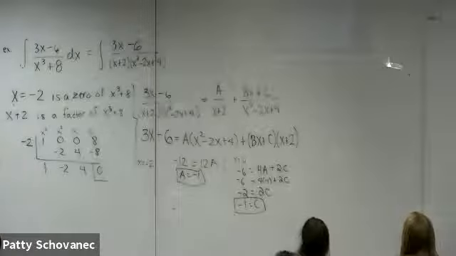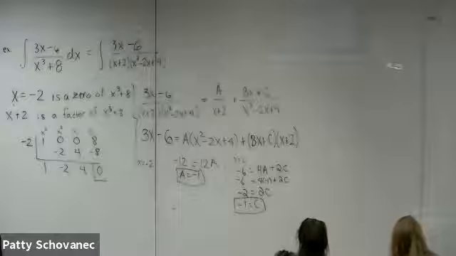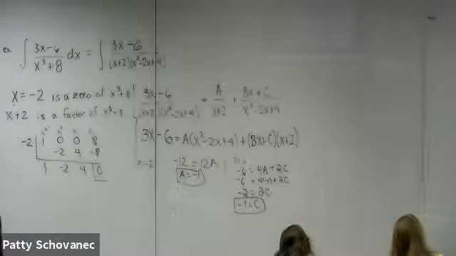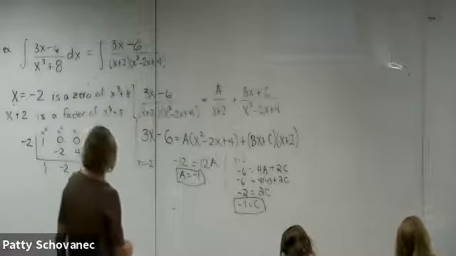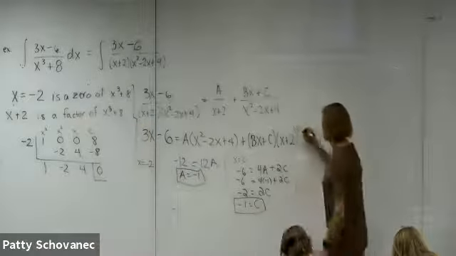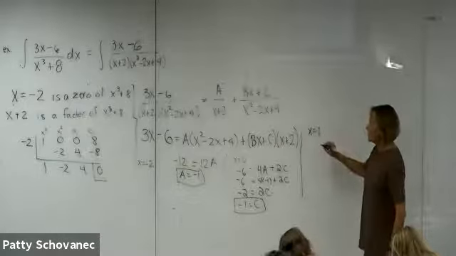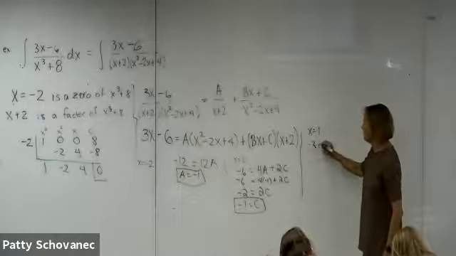Okay, and now I don't have any magic numbers, so pick your favorite number and plug it in for X. 1, let's use 1. One on the left side gives me a -3.